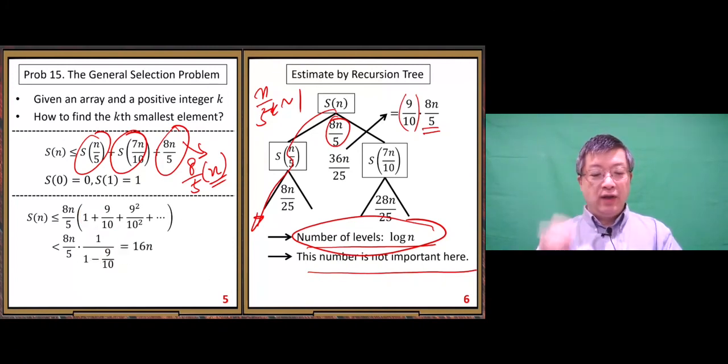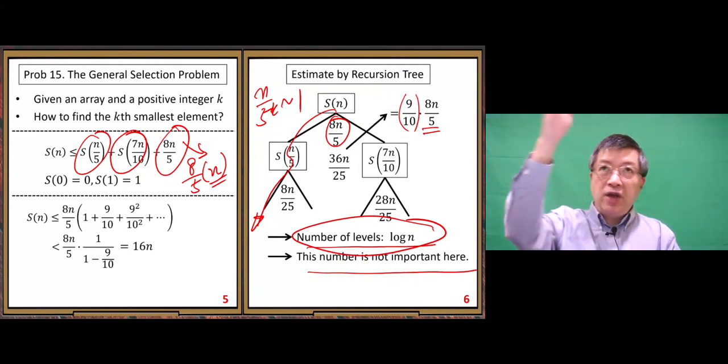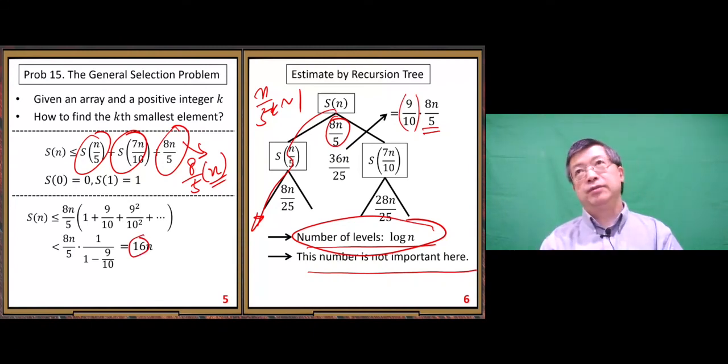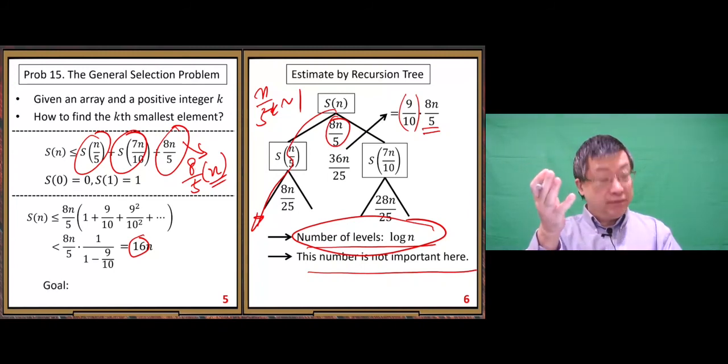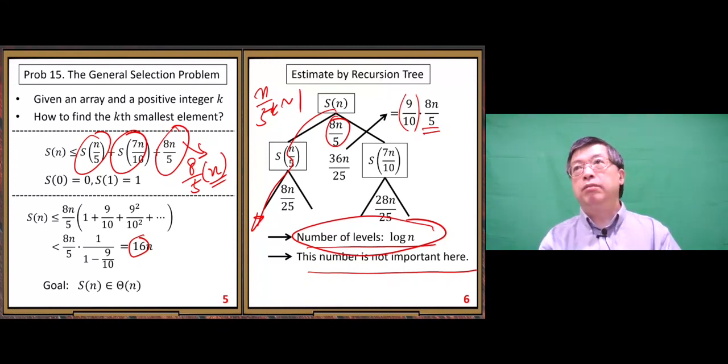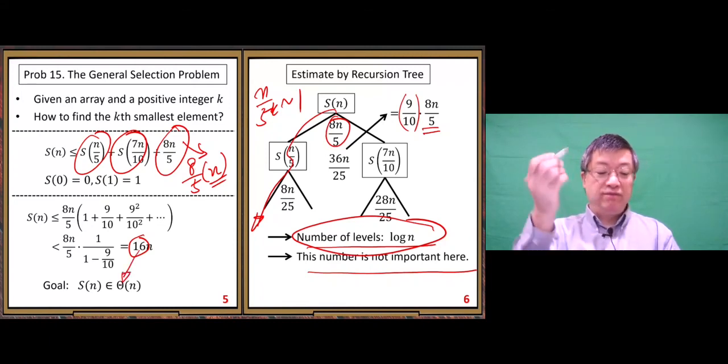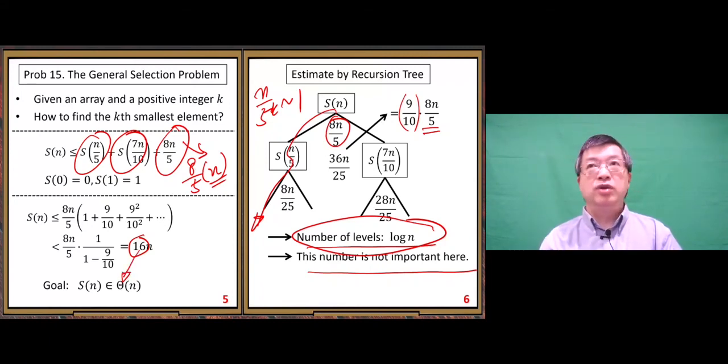After simplification, we get 16 times n. 16 is a constant. Is that what we need, matching our goal, big theta of n? The constant is not important here. 16, 100, that constant is not important.